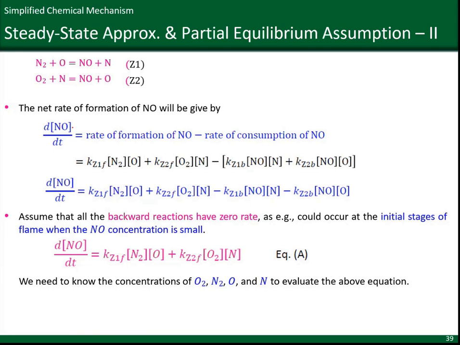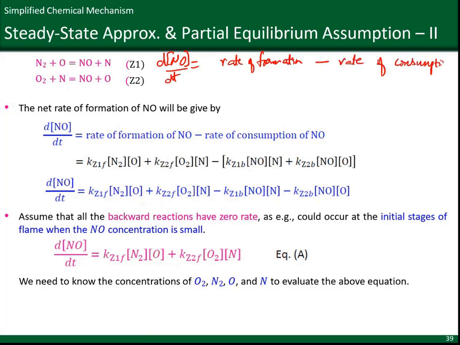So now, without any specific assumption about the directionality of the equation, let's just write the net rate of formation of NO. It's going to be equal to its rate of formation minus its rate of consumption.